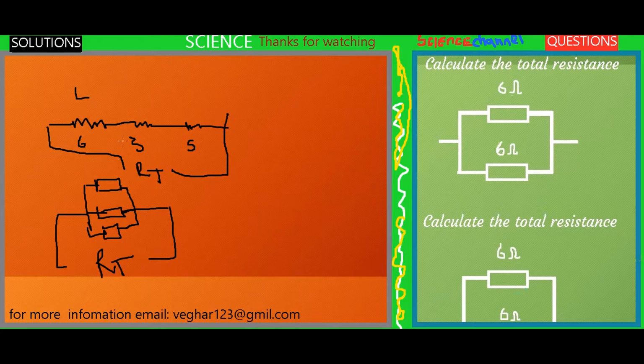So if you calculate the total resistance here, it will not be the same as the total resistance here. So the resistance that you'll find here in parallel will be smaller than all of them.